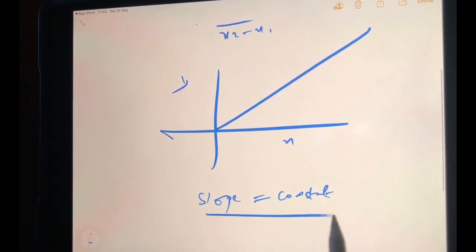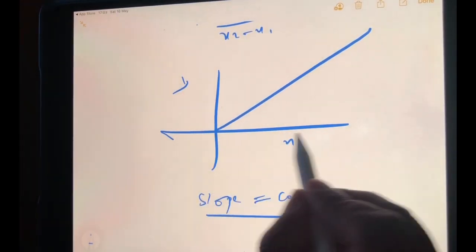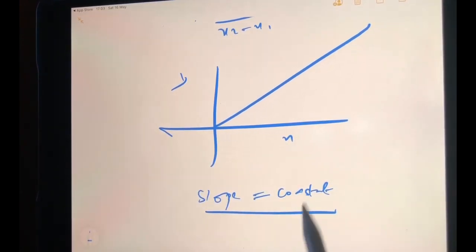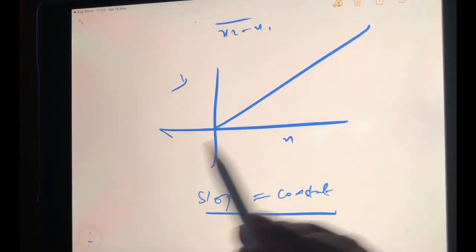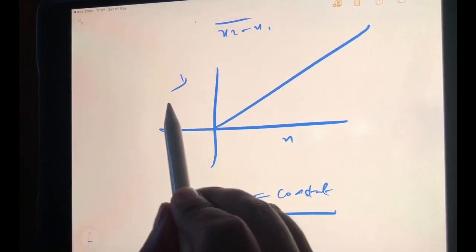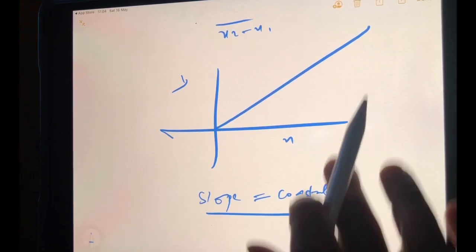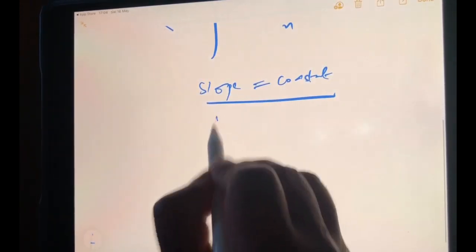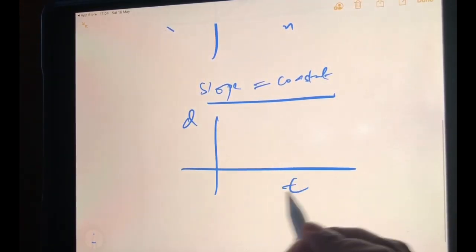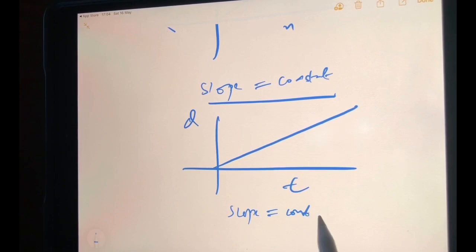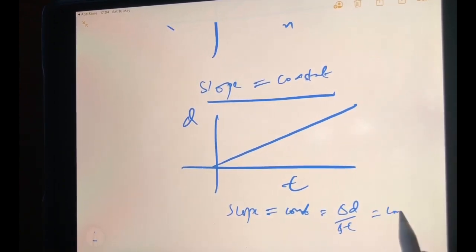But mind you, slope was the change in y upon change in x. Therefore, a graph which gives a constant slope means that the change in y with respect to change in x is constant. So say if this was displacement and this was time, and you have a graph like this, then the slope is constant, meaning change in distance upon change in time is constant.